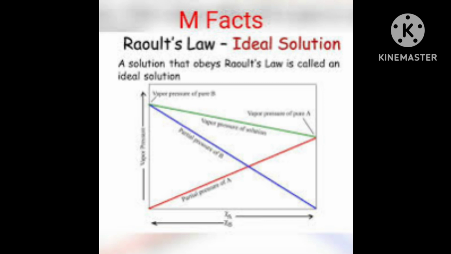Now the second component has more vapor pressure. That's why in the graph diagram it is showing more. It will also look like a rectangle, a right angle, 90 degrees.